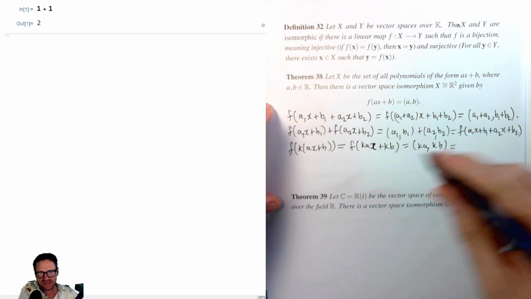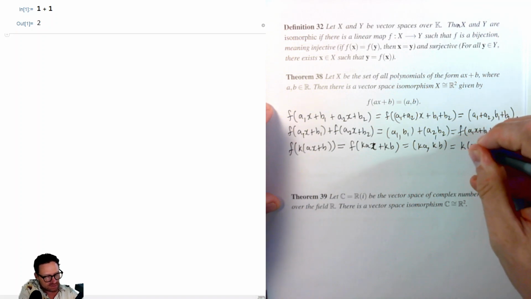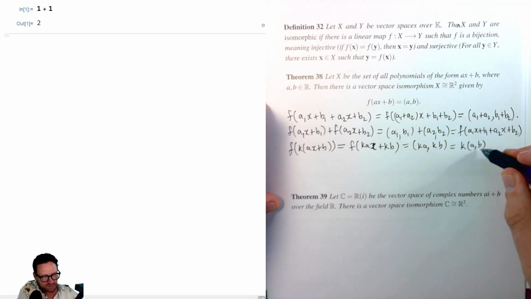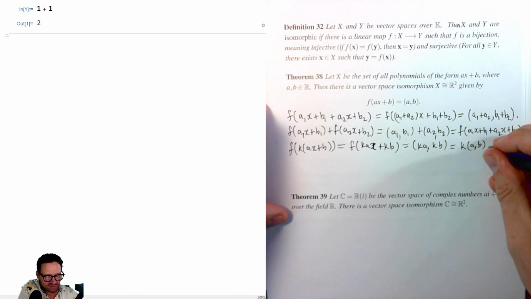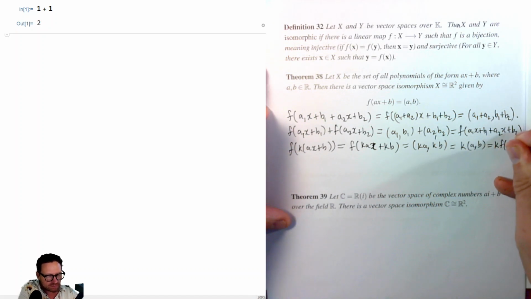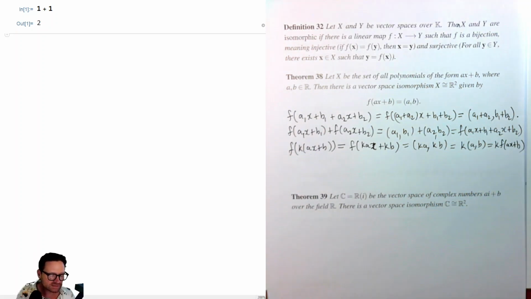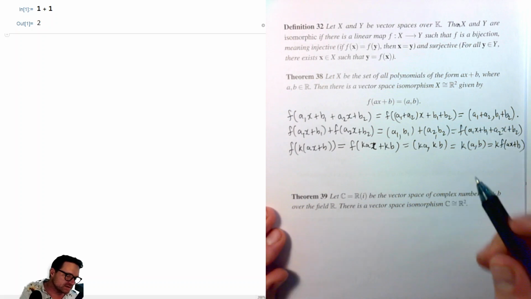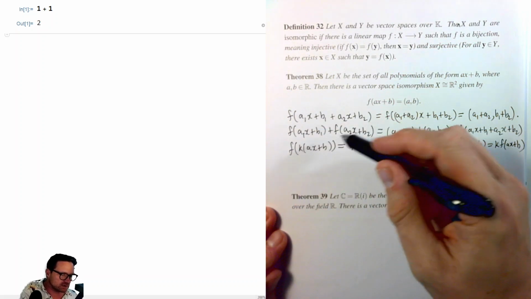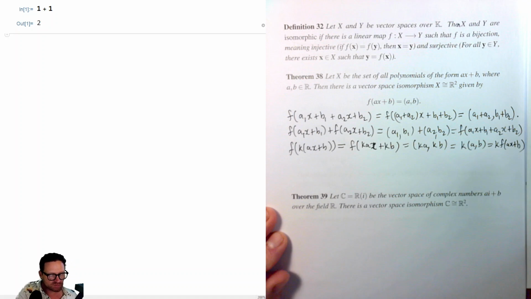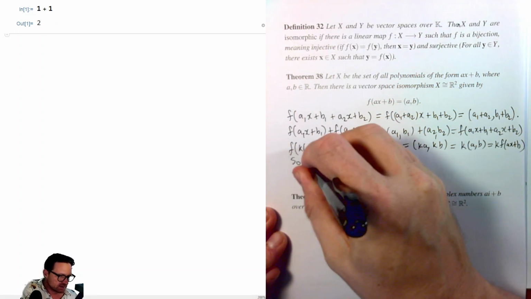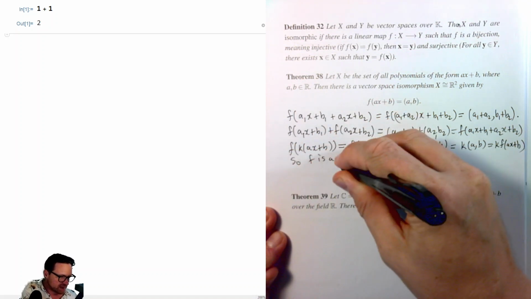We can factor the k out of this, and then (a, b) is f of ax plus b. Okay, so we see it has the second property, the additive property. It has the scalar multiplication property. So f is a linear map.